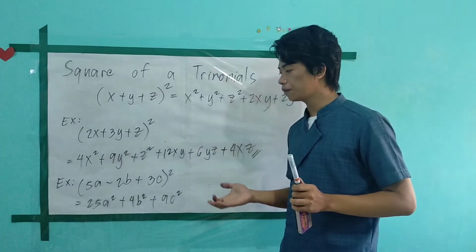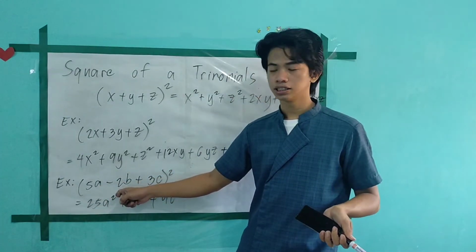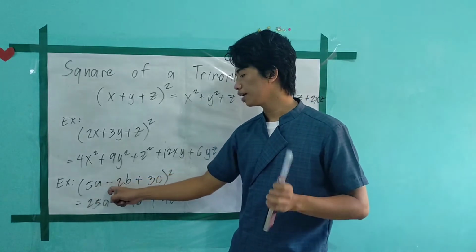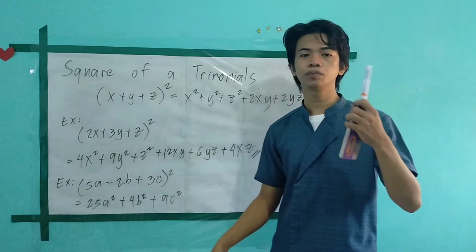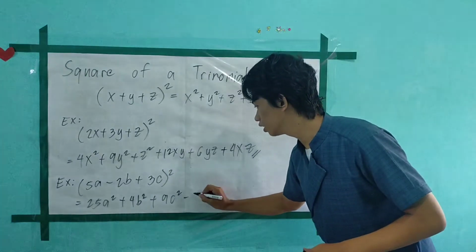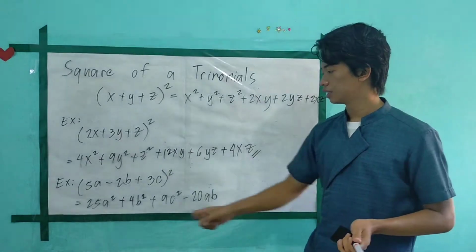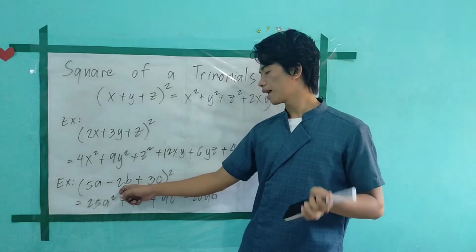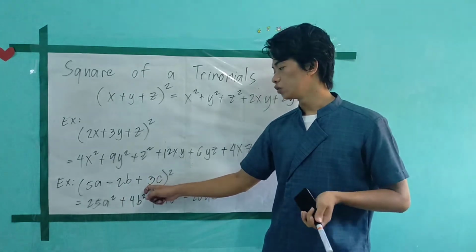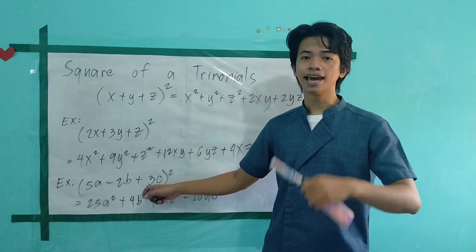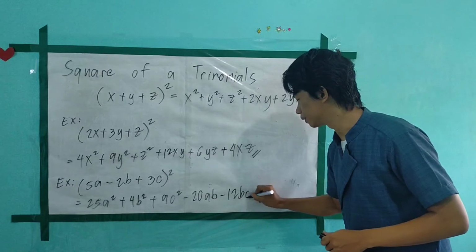And for the fourth step, we multiply the first term and the second term, then twice it, or times 2. 5a multiplied by negative 2b is negative 10ab. Then let's multiply it by 2. We have negative 20ab. Next step, second term multiplied by third term. So negative 2b multiplied by 3c, we have negative 6bc. Then multiply by 2, we have negative 12bc.